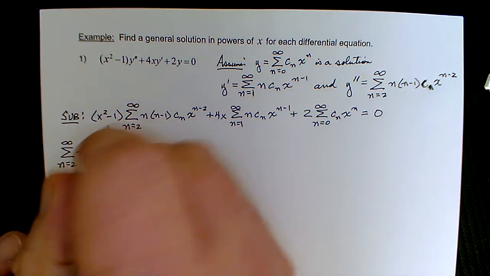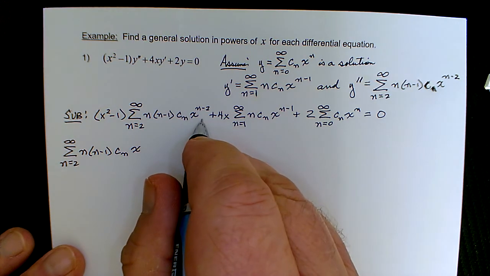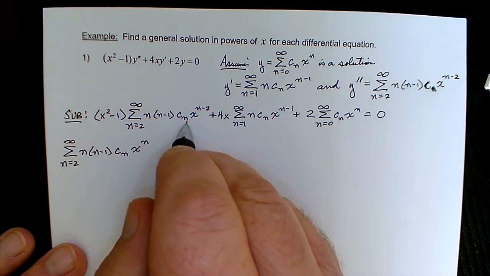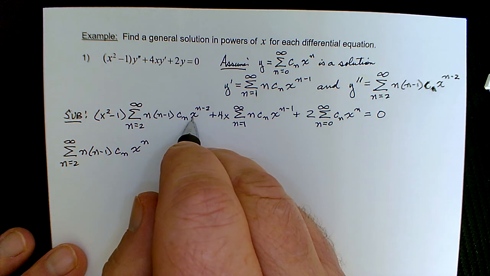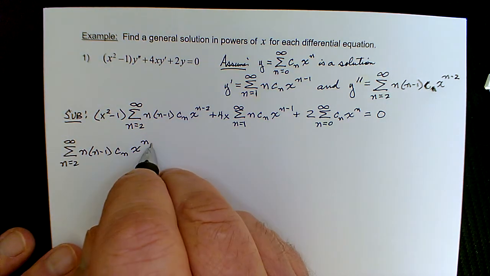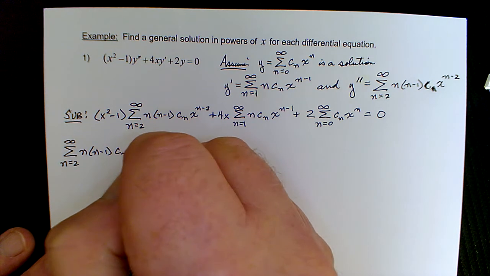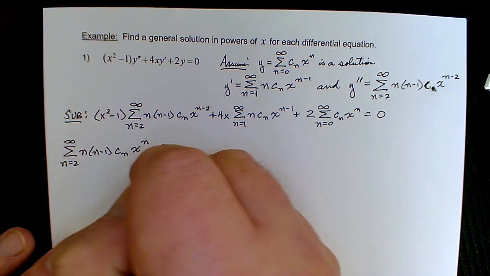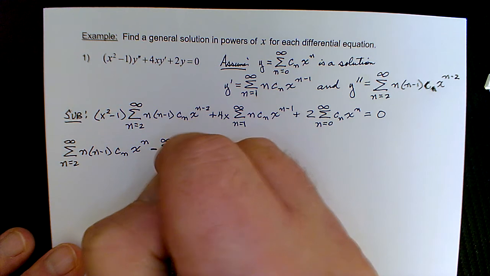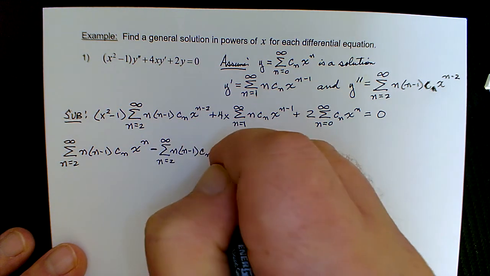But then when we multiply x squared by x to the n minus 2 power, we just simply get x to the n because we're adding the exponents, and so therefore this would be x to the n minus 2 plus 2, which is just x to the n. Okay, and then we distribute the negative 1, so then it'll just be a negative, and then that series, the sum as n goes from 2 to infinity of n times n minus 1 c sub n x to the n minus 2.